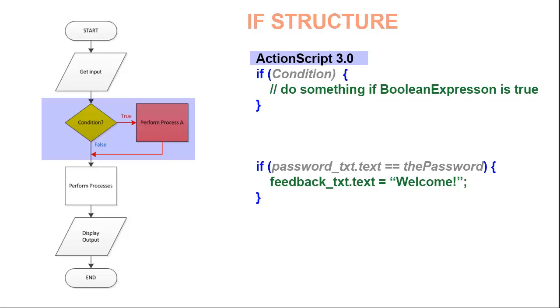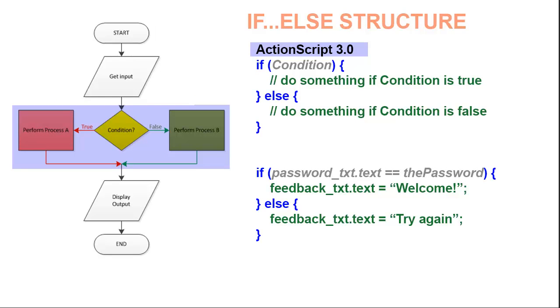And that's what is here inside the parentheses of password underscore txt.text equals, notice there's two equal signs there, and I'll explain that in a minute, the password. And the password would be a variable or maybe even a constant that contains some value that we're comparing to whatever they entered in the text box.